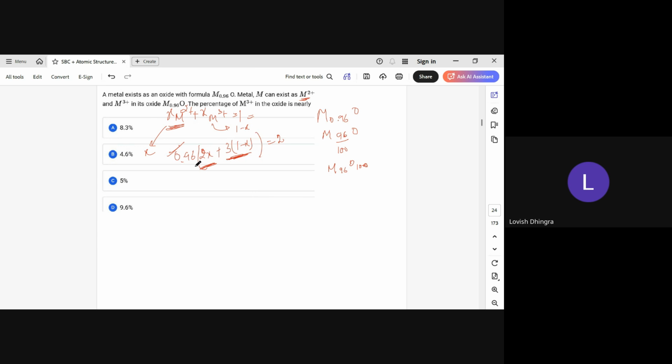Bracket into 0.96, the total number of atoms of M. This is equal to oxygen, which in this formula has 1 atom and an oxidation number of 2 negative. So total positive equals total negative. So you can solve x from here. If you get x, you can find M3+ very easily. Is this clear?